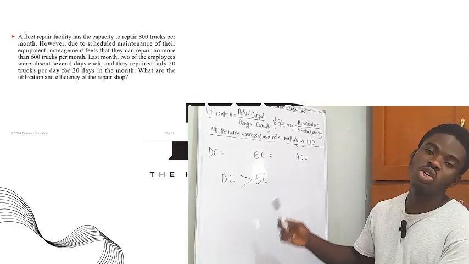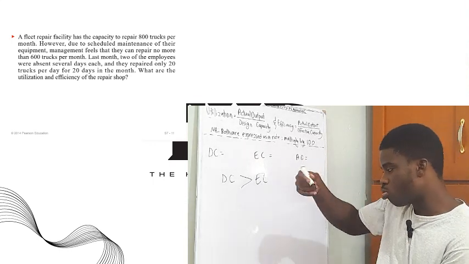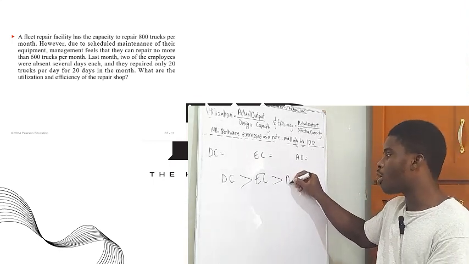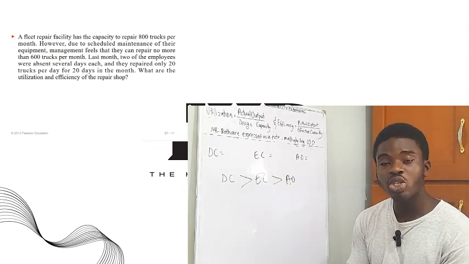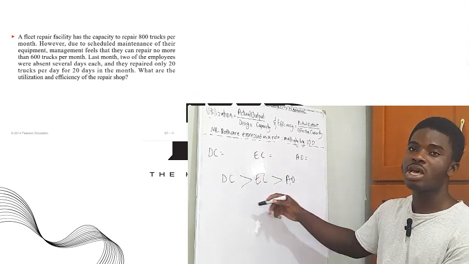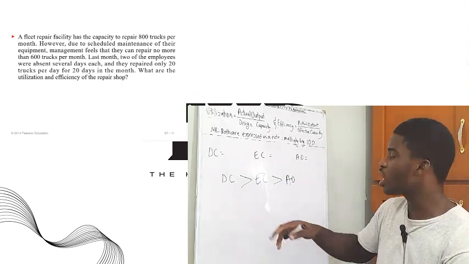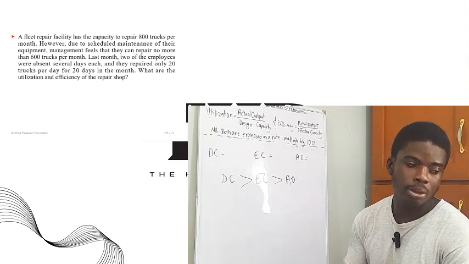And the effective capacity is also, most of the time, not always, greater than the actual output. So in a situation where you are supposed to find all of these, and there are a bunch of figures in the question, you can just use this as a guide.